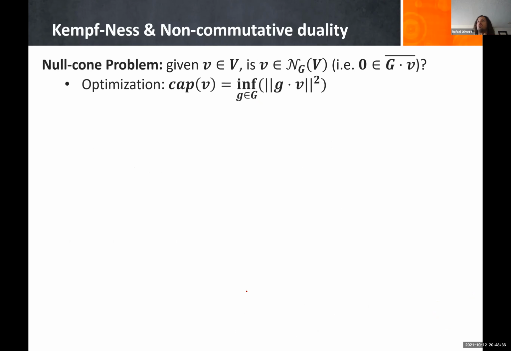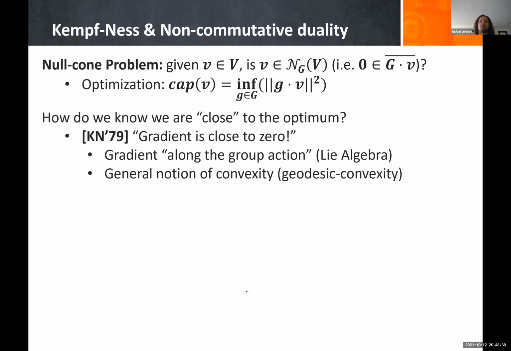There's this Kempf-Ness connection that says how we know that we're close to the optimum of this program, the minimization of the norm. From convex and non-convex optimization, we know that close to the optimum means that our gradient has to be close to zero.